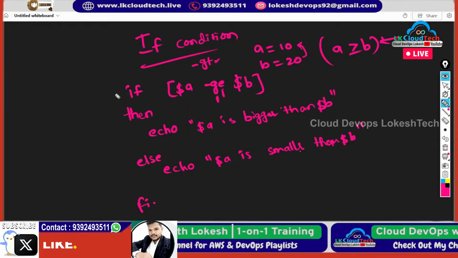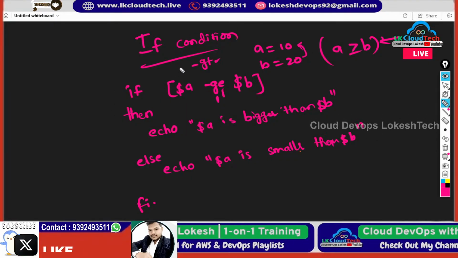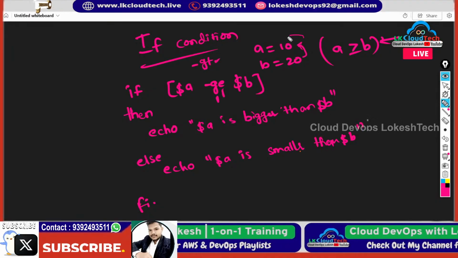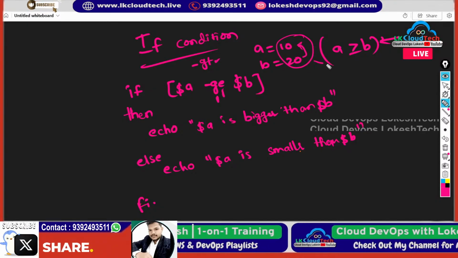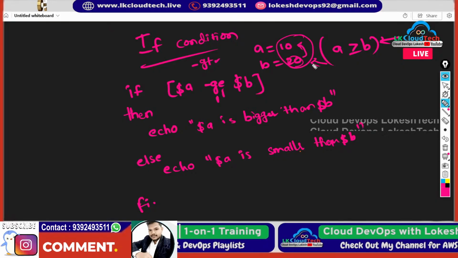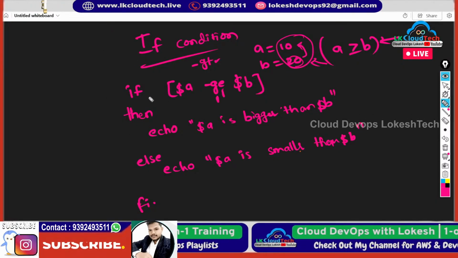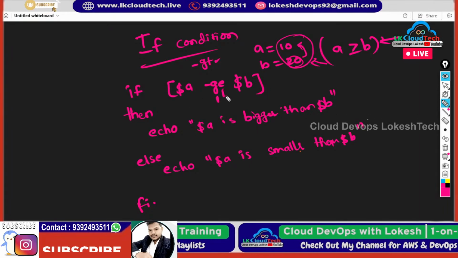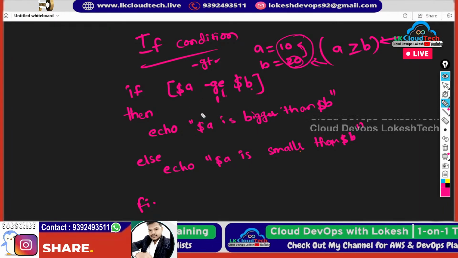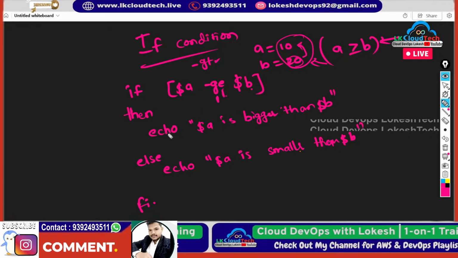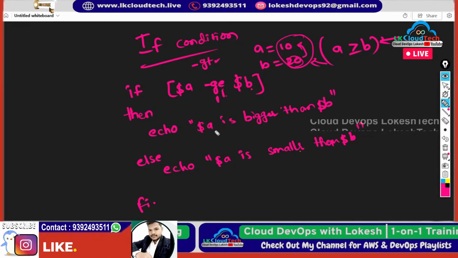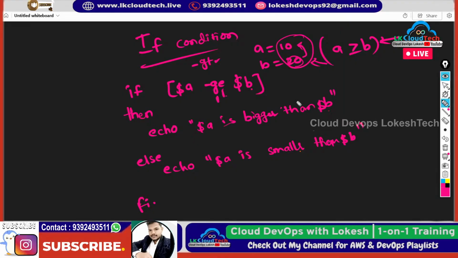Yeah, yeah. So my intention is I want to know which one is a bigger value. Generally, you know that 20 is a bigger value, but I just want to know using shell script, using if else condition, if A greater than or equal to B. So in this case, you are writing echo $A is bigger than $B.